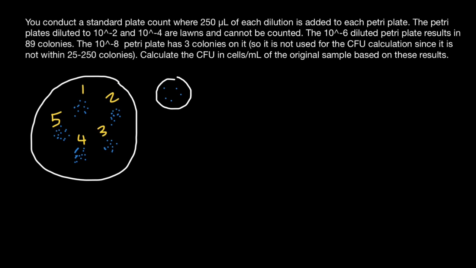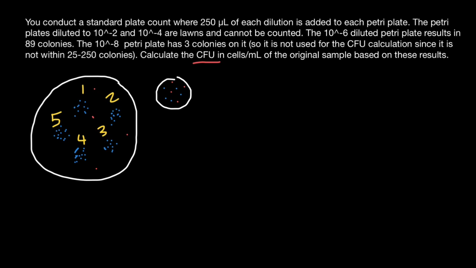I also want to bring to your attention that colony forming units does not necessarily mean the number of bacteria. For example, we may have in this drop of water more bacteria, which we will also transfer here, but these bacteria are not viable and are not going to form a colony, so we wouldn't be able to see them with our naked eye.